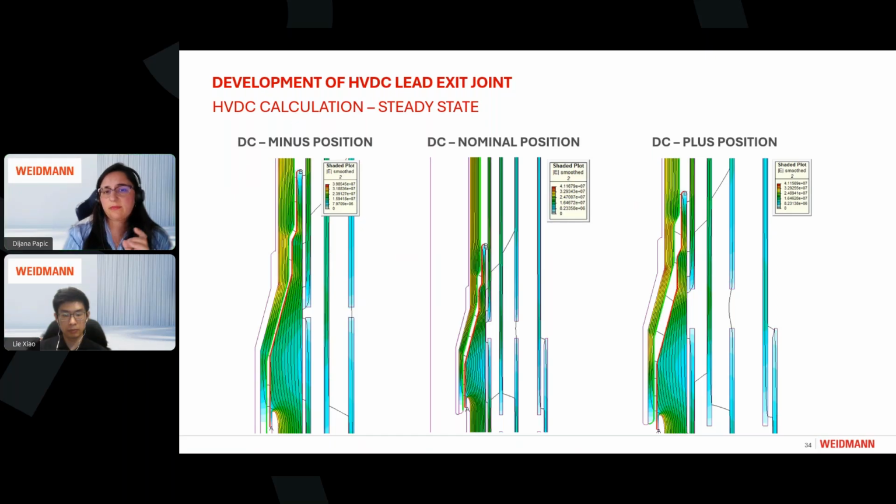And as mentioned, this is done under voltage conditions of the transformers, not on the bushing.